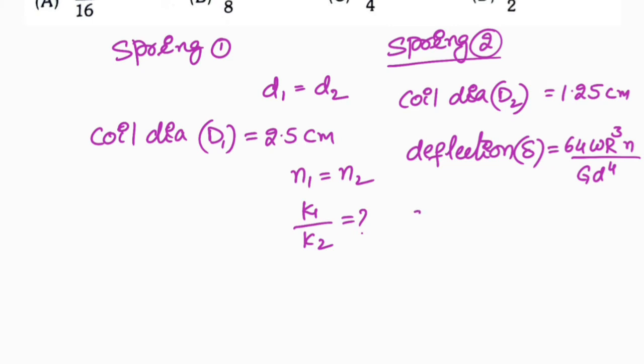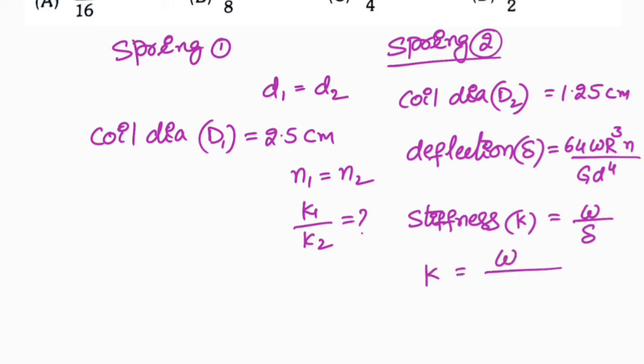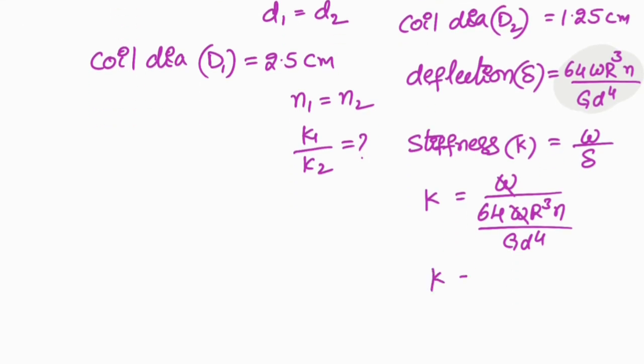Then stiffness K is the load required per unit deflection, so K equals load by deflection. This W cancelled. Finally stiffness K equals G d power 4 by 64 R cube N. That is the stiffness.